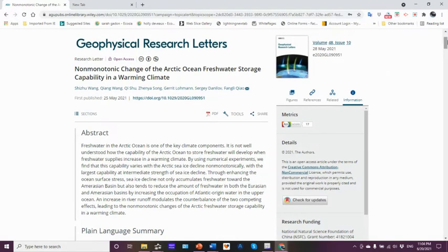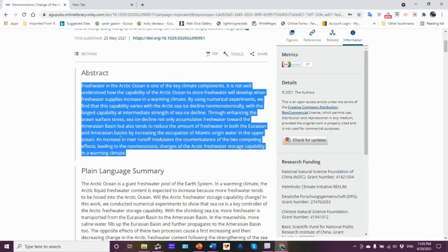Okay, so hopefully now you have an understanding of what's meant by non-monotonic change and function, let's take a look at the abstract here. What they have here is that freshwater in the Arctic Ocean is one of the key climate components.